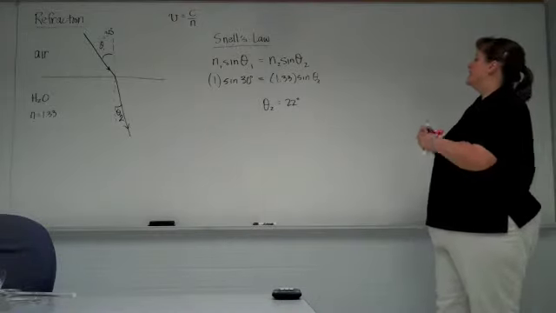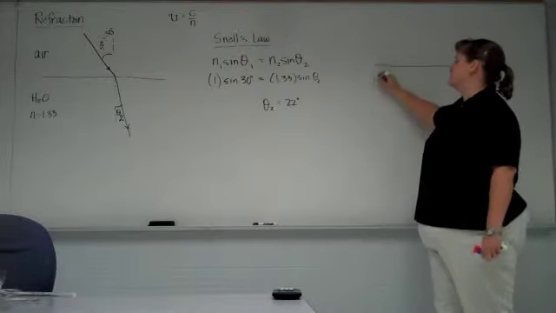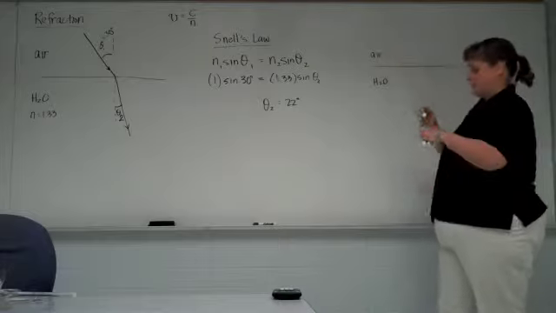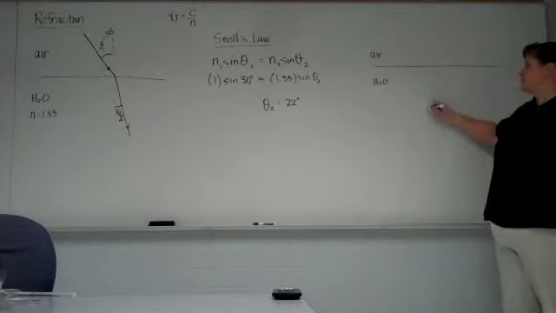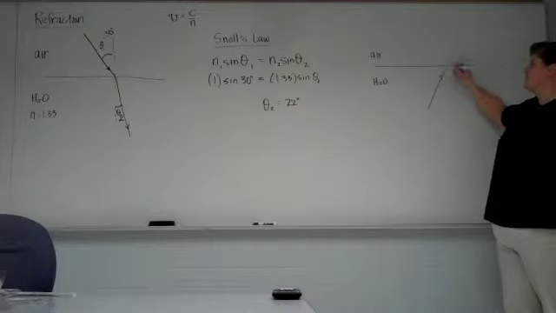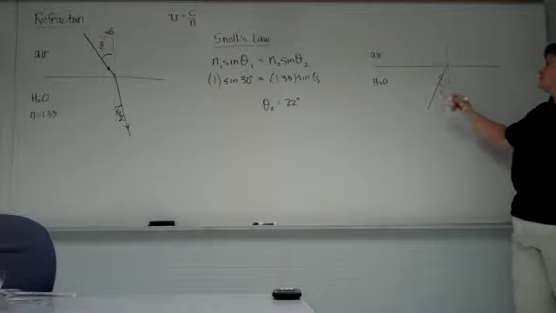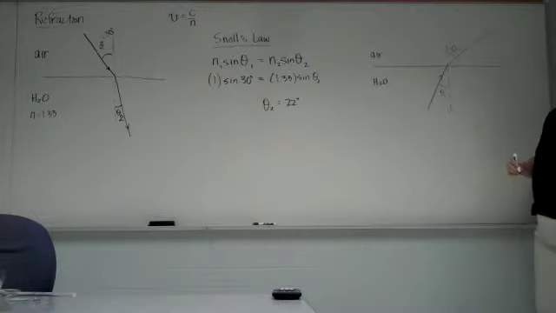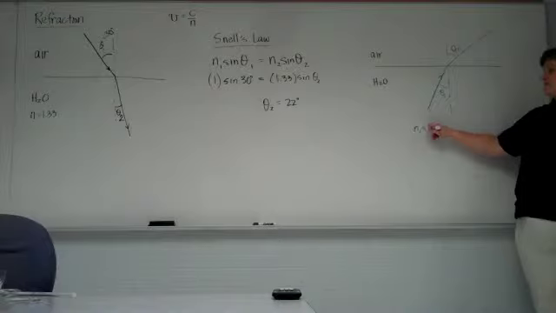Okay. If your light originates in a higher index of refraction, so if you have light originating in the water, as it comes out, the angle will get bigger. But the relationship is still the same.